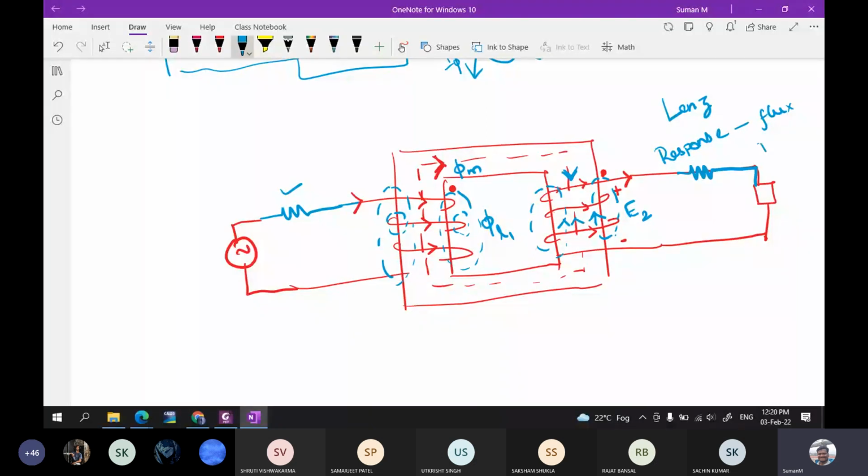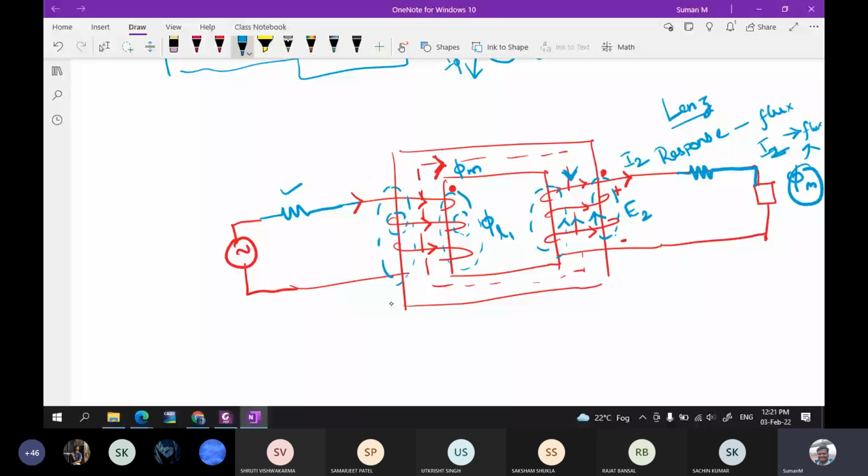That flux will be opposing the mutual flux. Here the mutual flux is the cause and this secondary flux is the response. The response will oppose the cause, as given by Lenz's law.